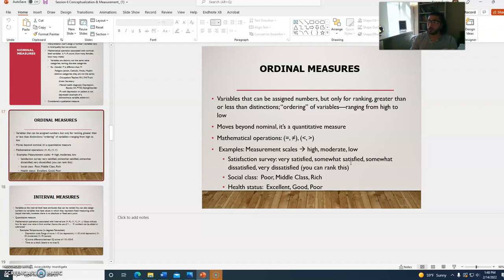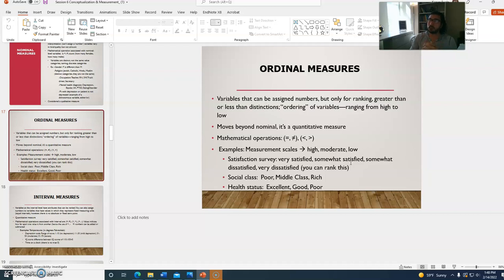Health status: poor, good, excellent. Sometimes we see customer surveys asking how satisfied you are with our services, and it ranges from very dissatisfied to very satisfied. These are rank ordered, and they are ordinal measures.